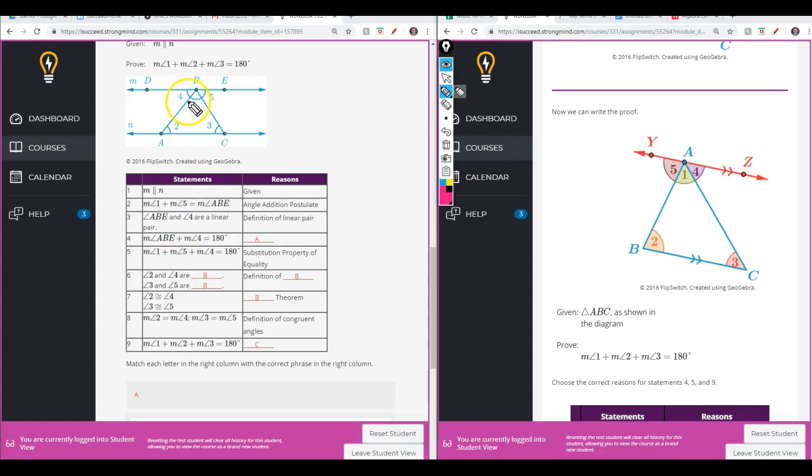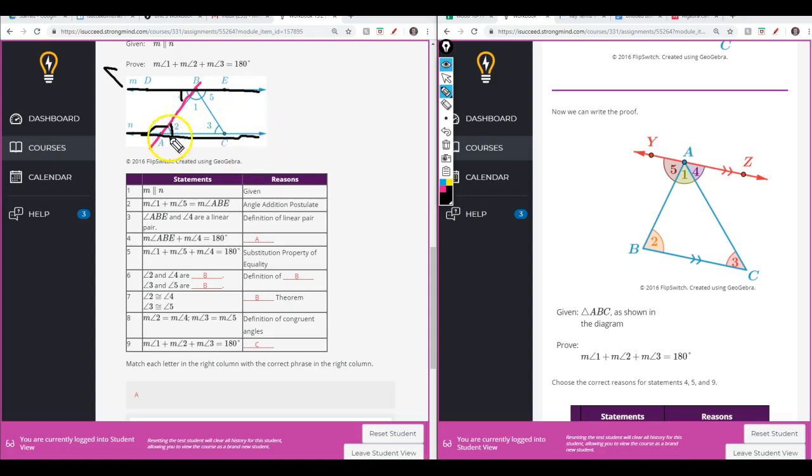We're just going to notice that angle 2 is created right here by this. I'm not sure why my mouse is glitching. So we have this transversal right here, and we have the parallel line right here, and the parallel line above it for line M. And here's angle 4, and here's angle 2.